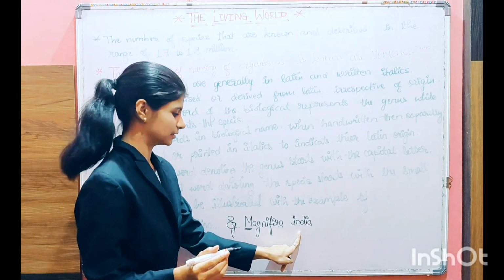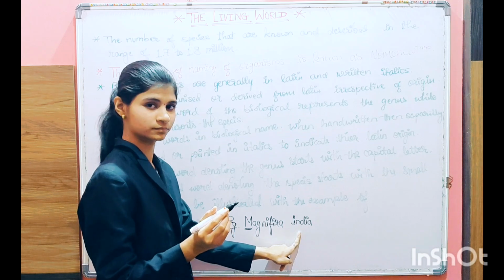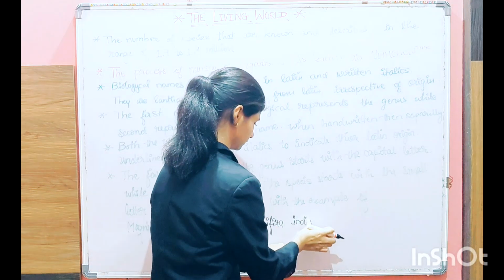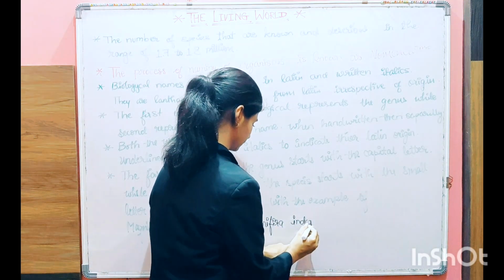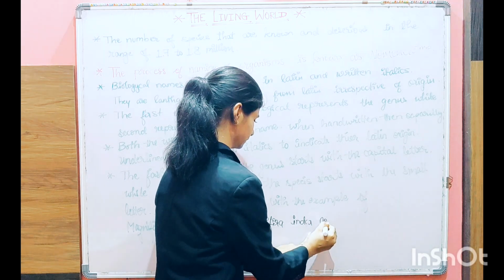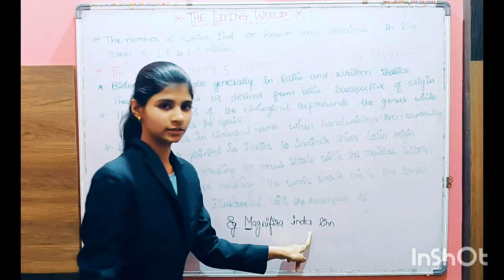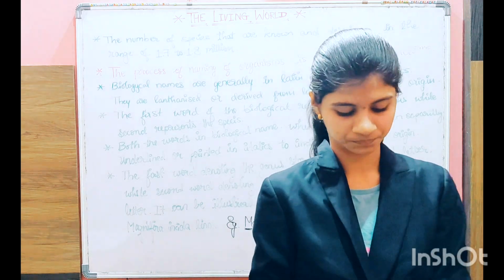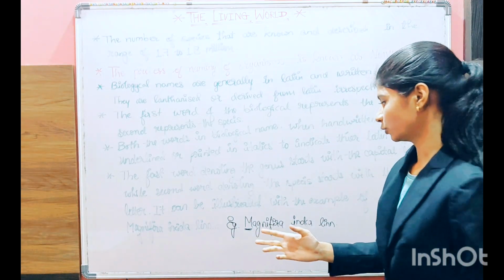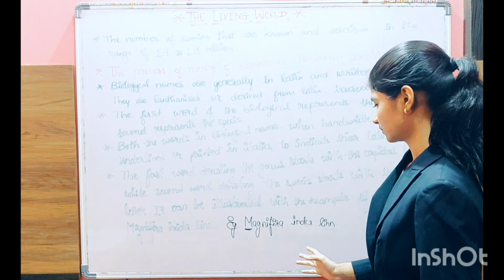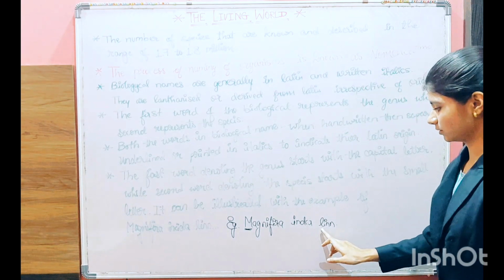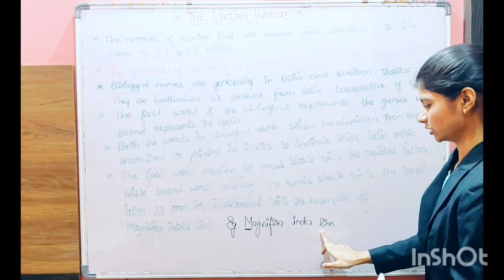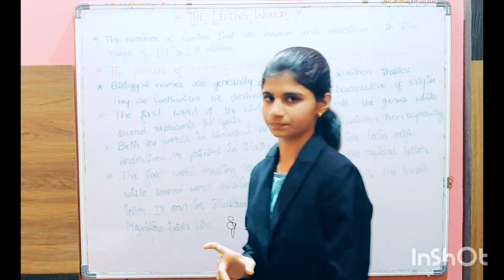The species name is in small letters. And later, you might get on the next page the name of the scientist who discovered it. Even his name comes after the species.